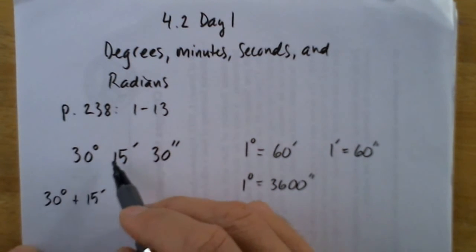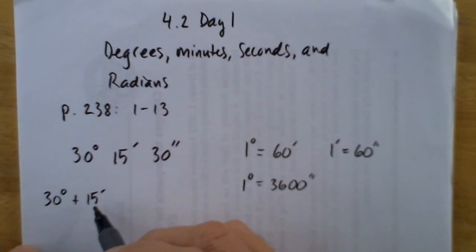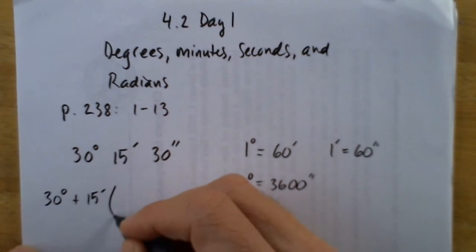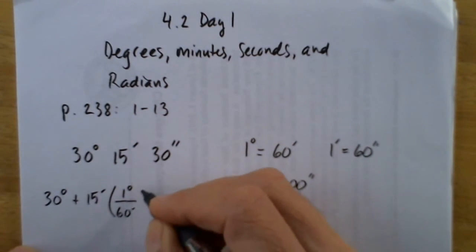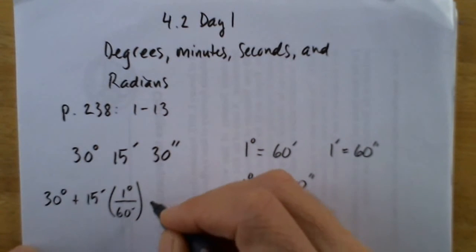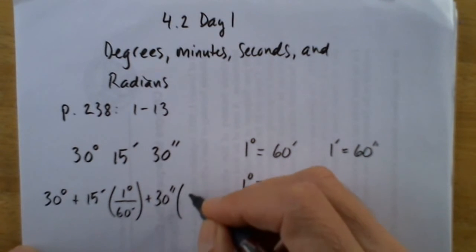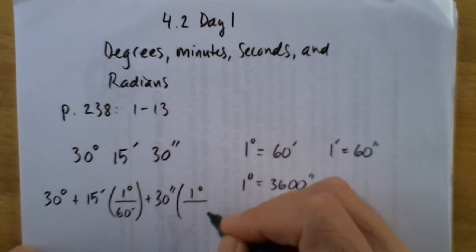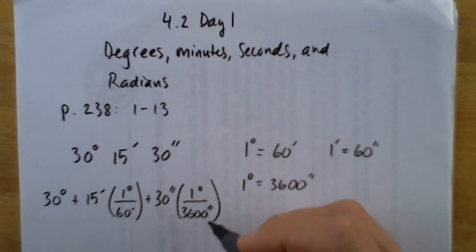If we're converting all of this into a decimal, then we would want to go 15 minutes times the conversion of 1 degree to 60 minutes. And then we could have 30 seconds converting to degrees, 3,600 seconds. 1 degree is 3,600 seconds.